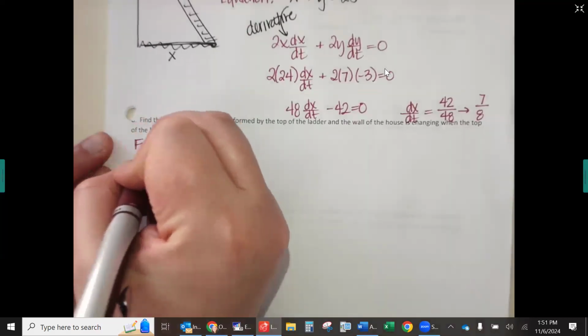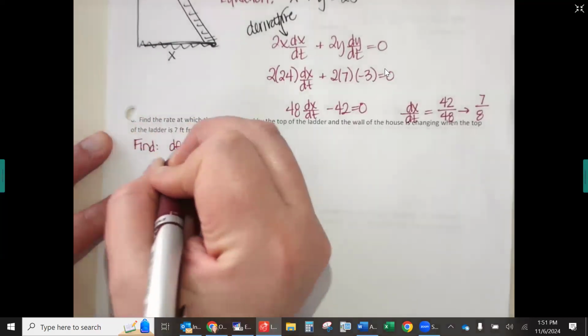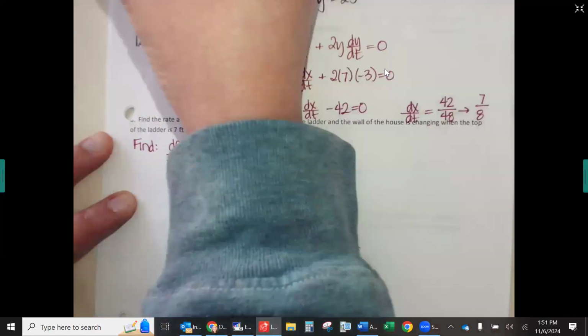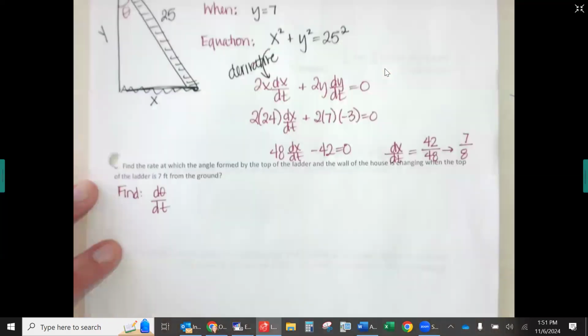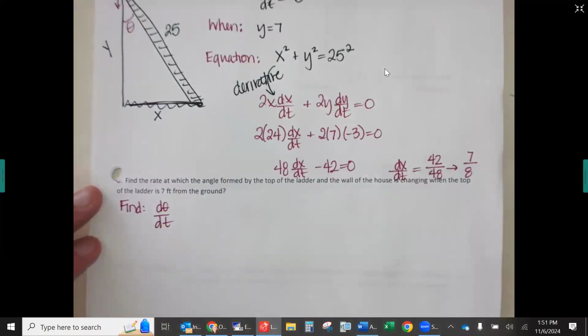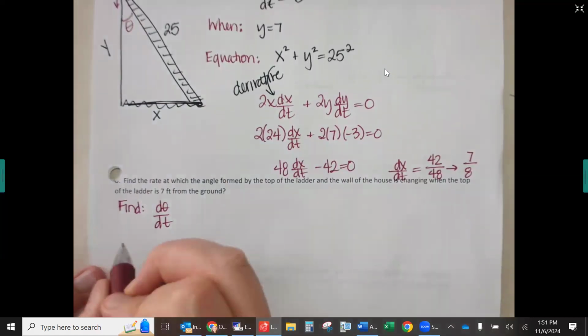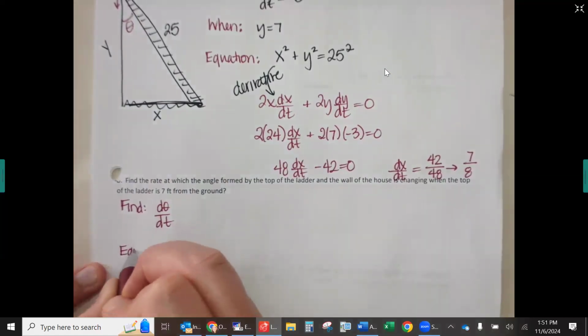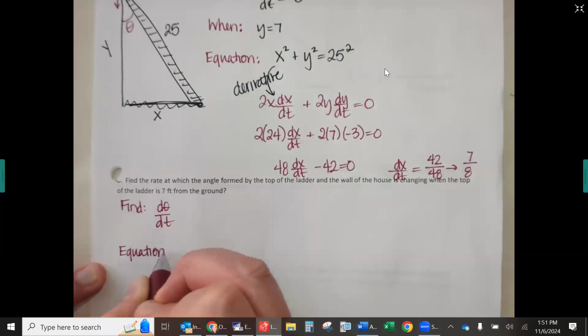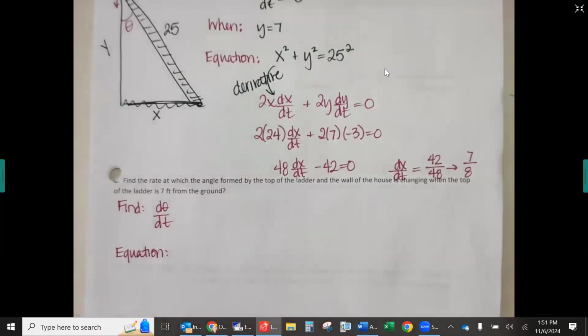So for our find, we're going to find d theta/dt, where our theta is this top corner up here. Then really you don't have any new givens, but you are going to need a new equation. So let's write the equation right here. I'm going to skip the given and the when because that's all the same. Let's start with tangent.